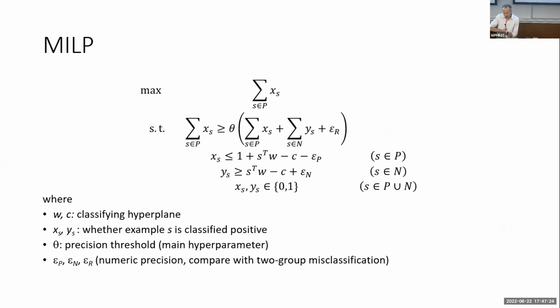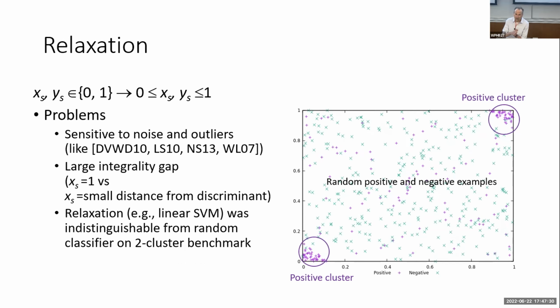And if you violate the hyperplane just by a little bit, this variable should flip from 0 to 1, whereas in the linear relaxation, they flip from 0 to a very small value, and that is not very meaningful. So you can look at this and say, well, I have a large integrality gap in general.